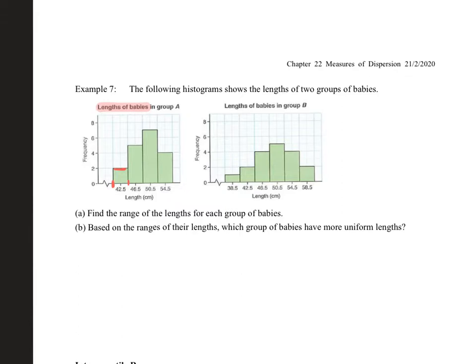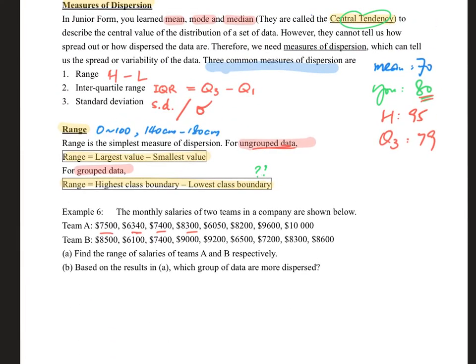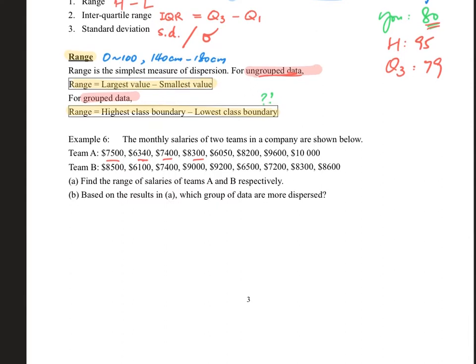But for these two babies, are they 42 kg, 42.5 kg? We don't know. So this is called grouped data, because the weights of the babies were classified into several groups. Let's see whether you can understand the idea of ungrouped data and grouped data very quickly in these two examples. Okay, so now let's take a look at Example 6.